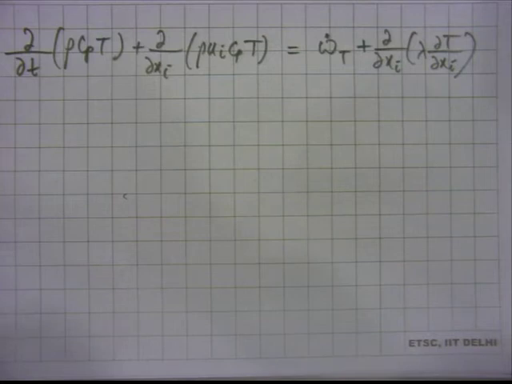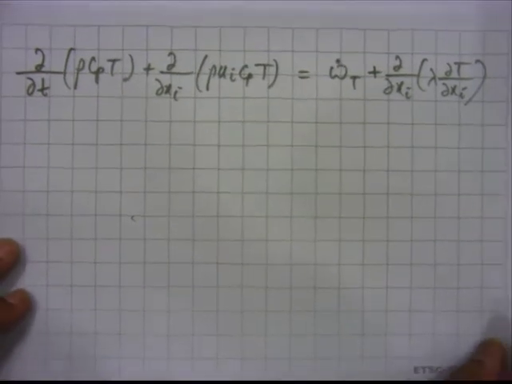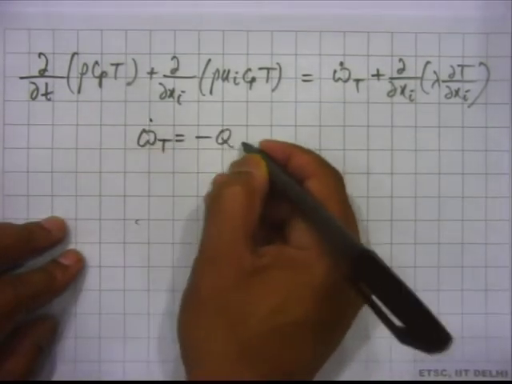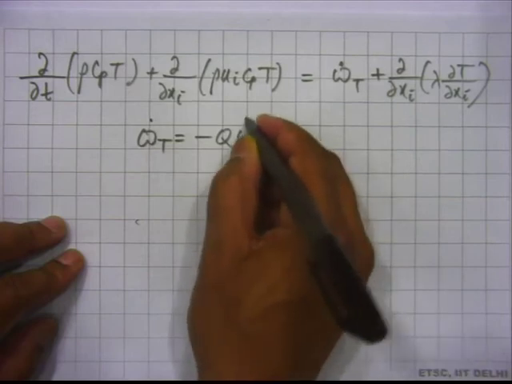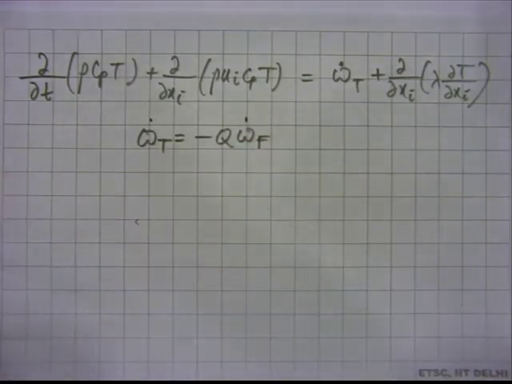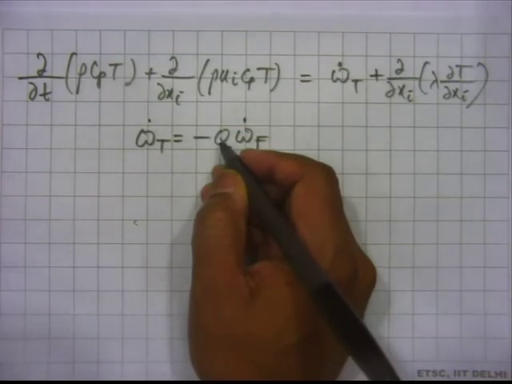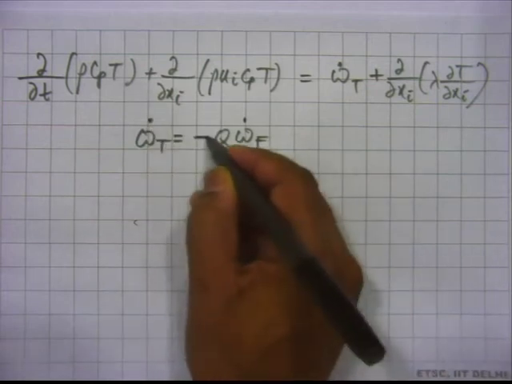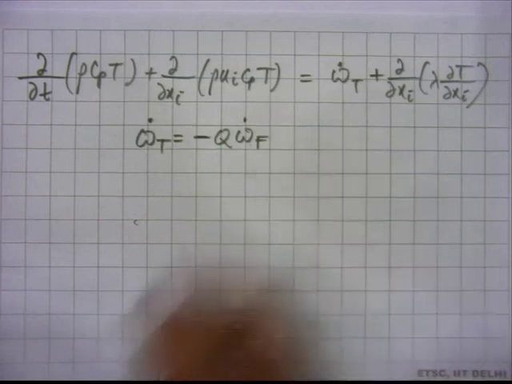And then the remaining question is, what is this omega dot t? Omega dot t will be written as minus q times omega dot f. We know what is omega dot f. That has to do with the fuel consumption rate, and we multiply that by q. What is q? Q is the heat released due to combustion per unit mass of fuel. Okay. So the relation between these two is this, and this is understandable, right?